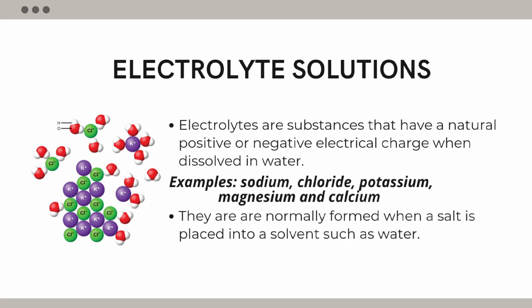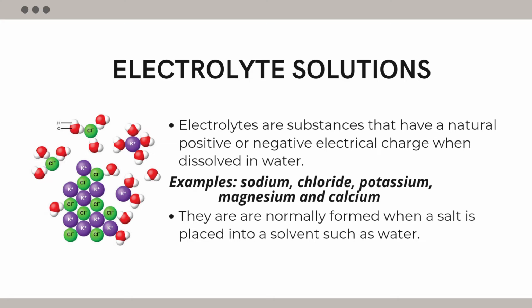Electrolyte solutions. Electrolytes are substances that have a natural positive or negative electrical charge when dissolved in water. Like I said earlier, an electrolyte is electrically conductive. To simplify, electrolytes are salts or molecules that ionize completely in a solution. As a result, electrolyte solutions readily conduct electricity, meaning they have the ability to carry a current.